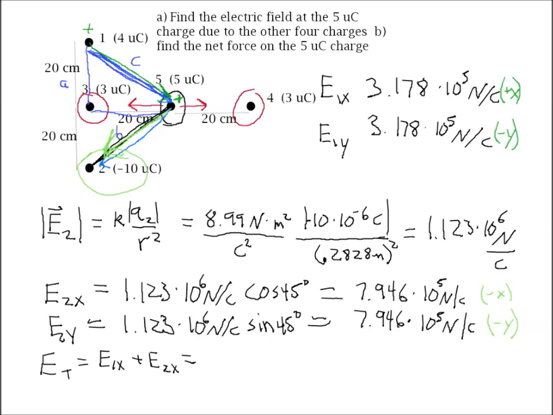Right? E1x is a positive 3.178 times 10 to the 5th newtons per coulomb.